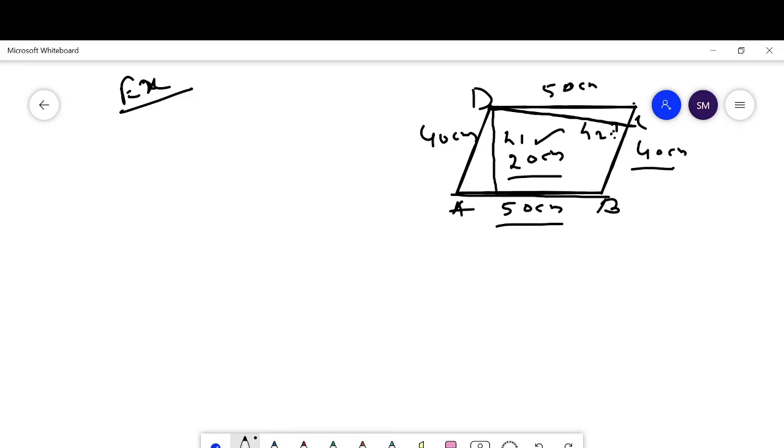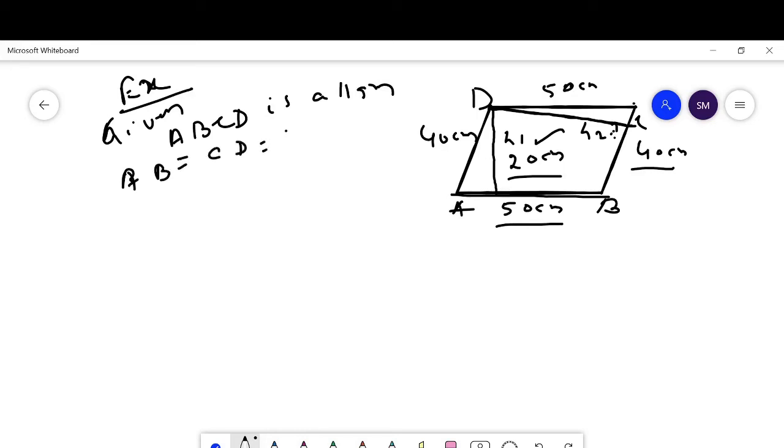Okay, here the question is given: ABCD is a parallelogram. At first try to understand the question. ABCD is a parallelogram whose two sides are AB equal to CD equal to 50 centimeter and BC equal to AD equal to 40 centimeter.